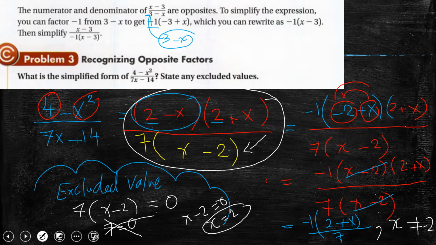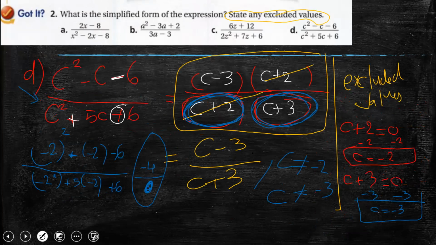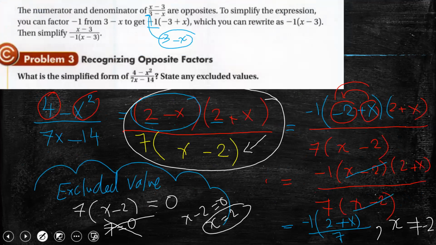So here we have the same: 7 could be 0, or x minus 2 could be 0. So when x minus 2 is 0, you let negative 2 go to the other side, so x is 2. So when you write the simplified form, you write comma, when x is not 2. When I see it, I will understand that all the values can be used except x equals 2.